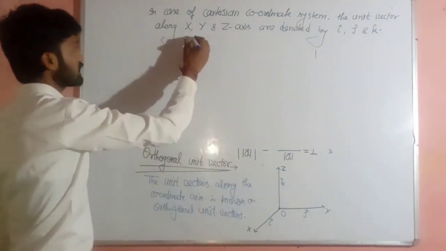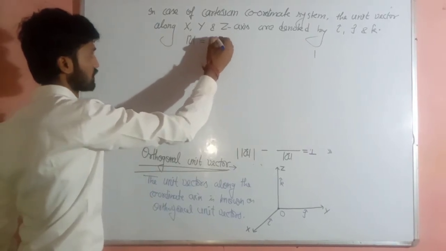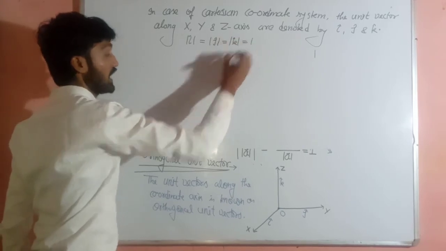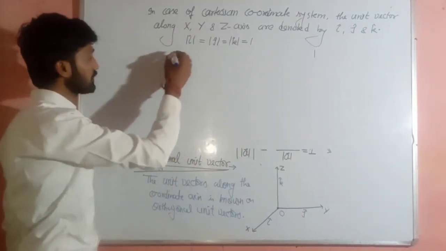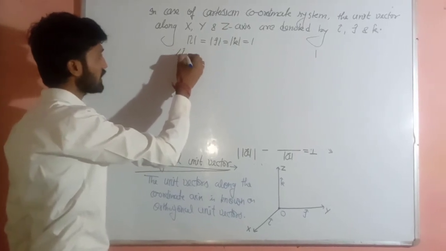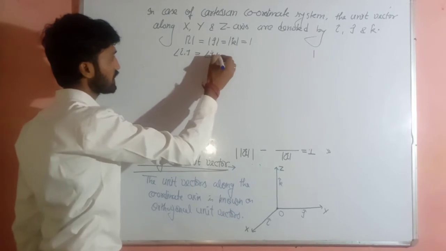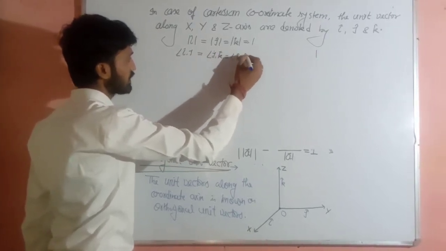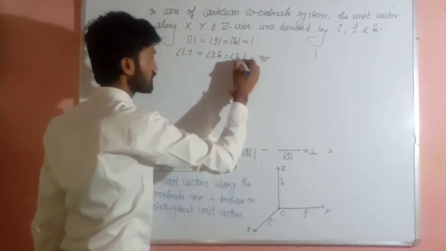And the property of unit vectors is this: the magnitudes of the unit vectors are equal to 1 and they are mutually perpendicular to each other. That means the angle between i and j, the angle between j and k, and the angle between k and i are each equal to 90 degrees.